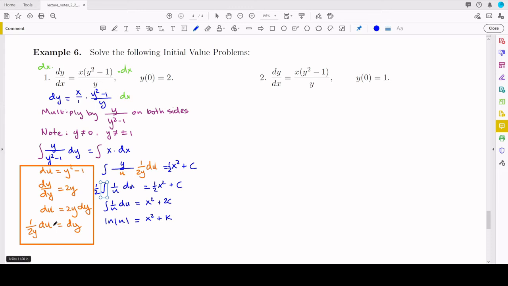And then u, remember, we chose u to be y squared minus 1.